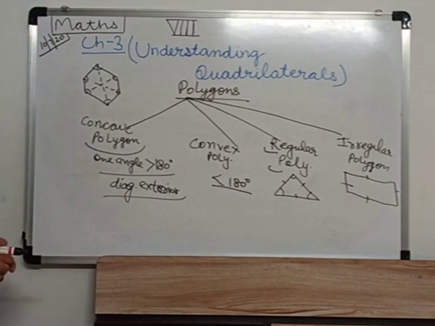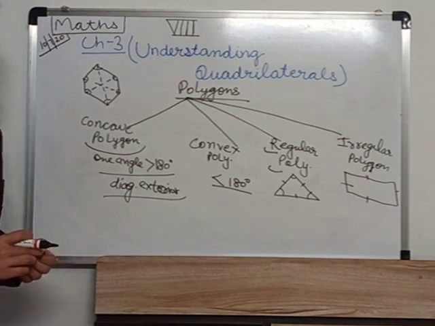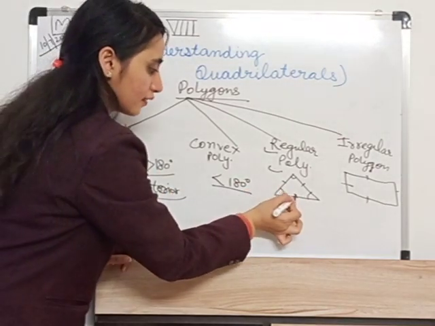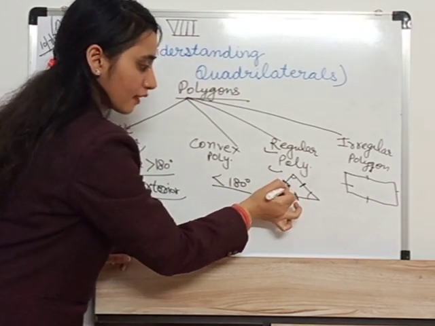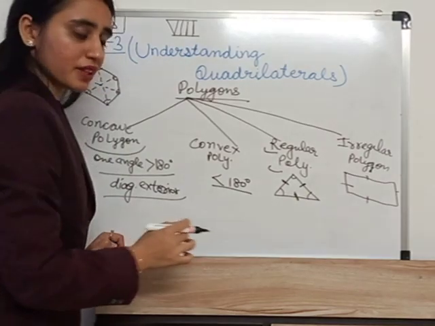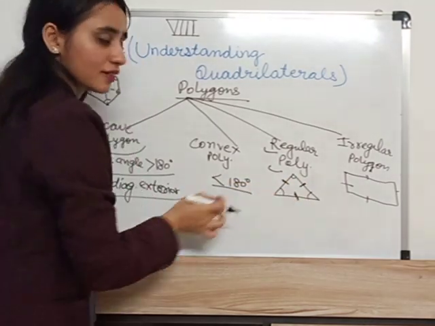Okay. In this, sides are not equal. Depending on the size, we can check sides also. This sign indicates regularity, means this side is equal to this and this.